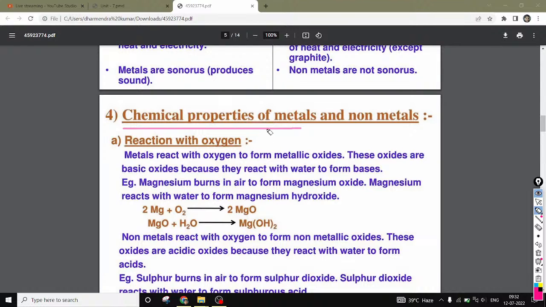Chemical properties means, if we are performing any reaction with metals or non-metals, these chemical reactions generally can't be reversed. They are mostly in a forward direction. Suppose we have any substrate or material, and we do some chemical reaction with it, and its properties change into a different form.